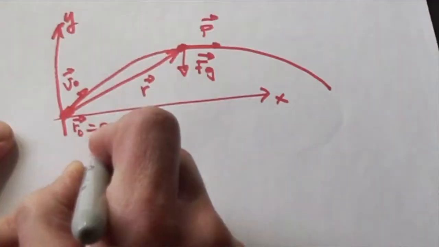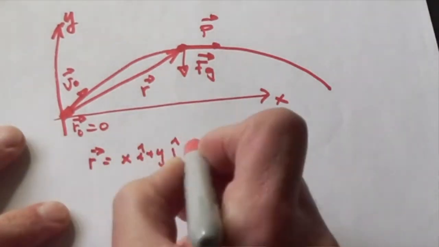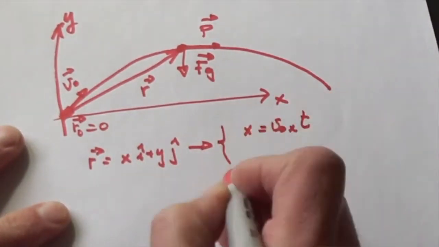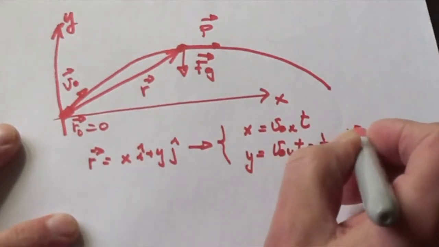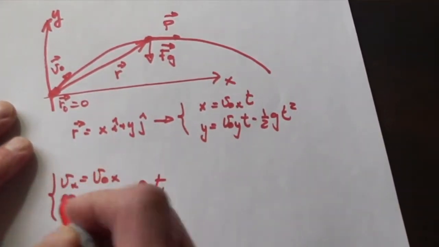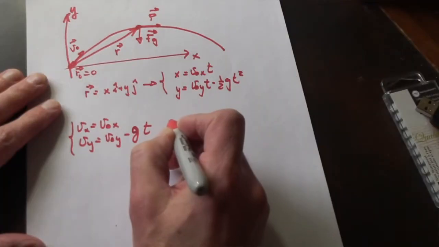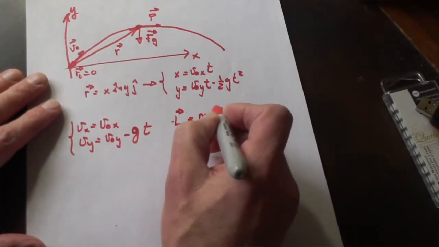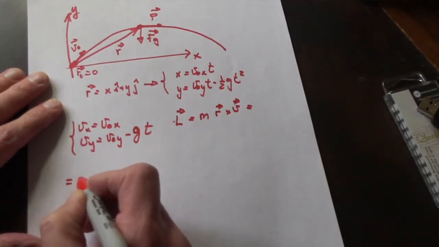The position vector is written as x and y, and the projectile motion gives us this pair of equations. For the velocity we need only to differentiate these equations. I will now calculate the cross product of r times p and substitute x, y, vx and vy.